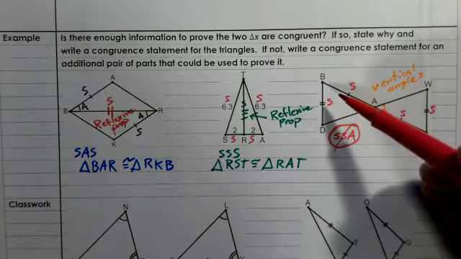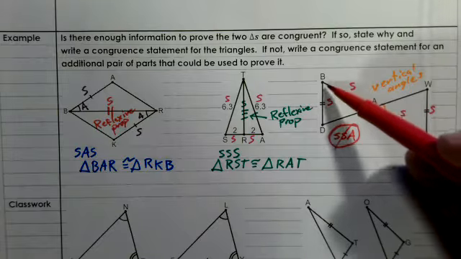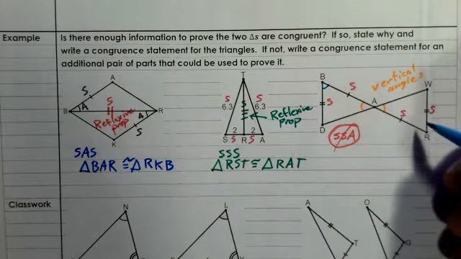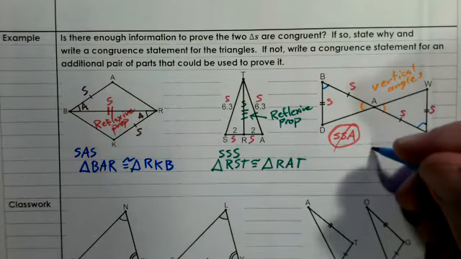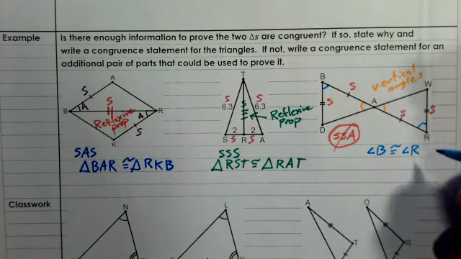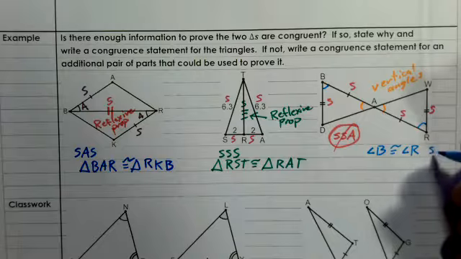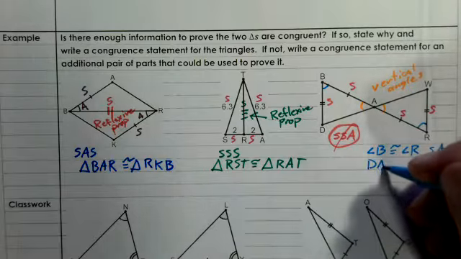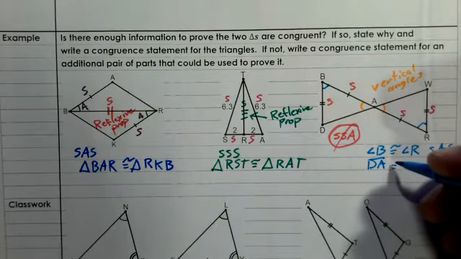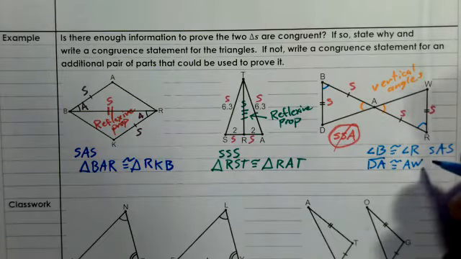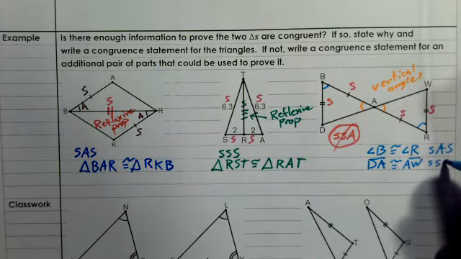I could, if I got maybe these angles up top, there's a few options. If I got B and R, if I knew that angle B was congruent to angle R, then I could use side angle side. If I knew DA was congruent to AW, I could do side, side, side.